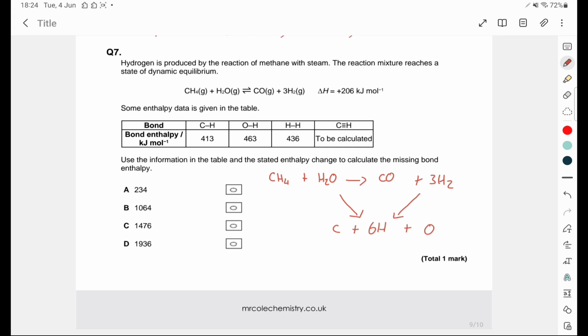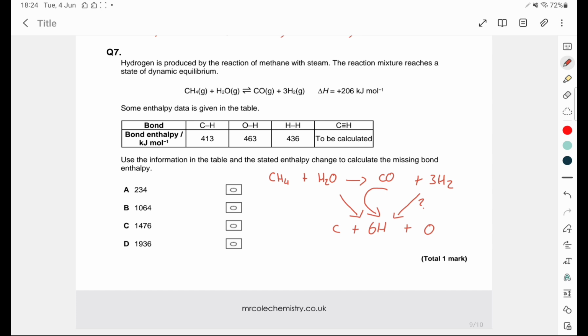So we are trying to work out the bond enthalpy of the C triple bond O, which means that we are trying to work out the bond enthalpy of the one on the right. So we're trying to work out this arrow here, which means we need to know the top arrow and the bottom left arrow.